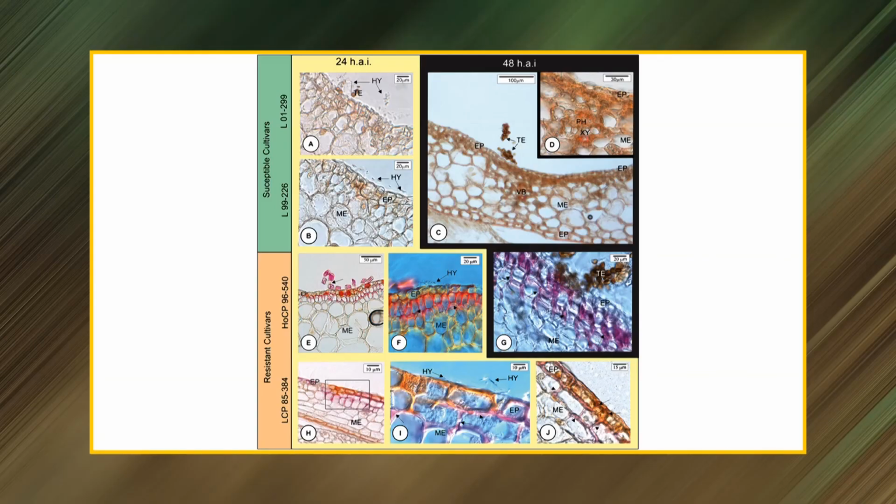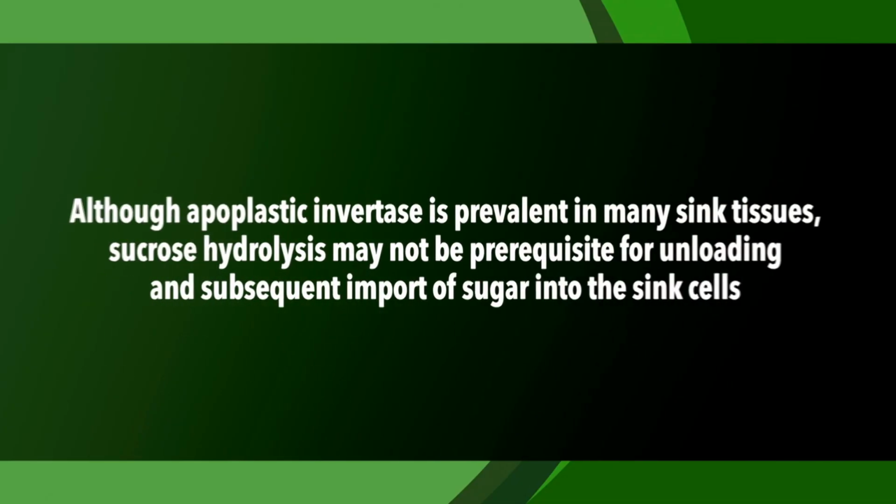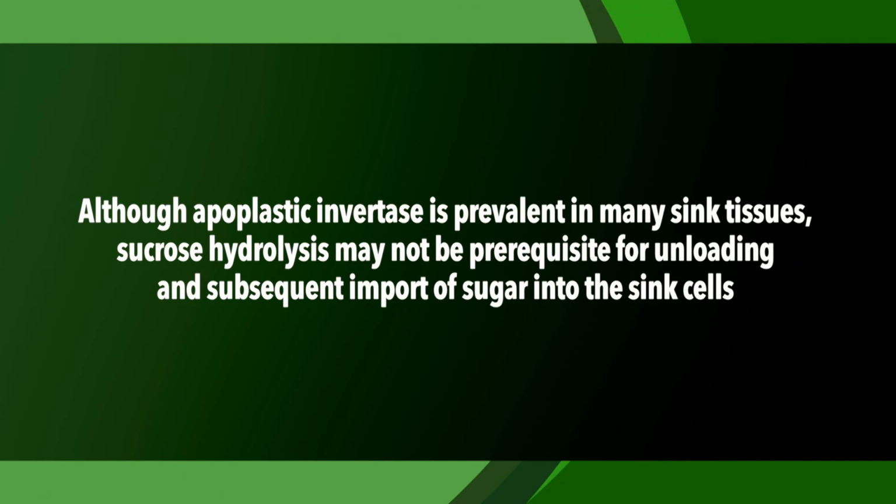Furthermore, recent studies utilizing asymmetrically labeled sucrose and the sucrose analog fluorosucrose, a substrate poorly hydrolyzed by invertase, have provided evidence that sucrose may be taken up by both sugarcane cells and maize endosperm cells respectively without prior hydrolysis. Thus, although apoplastic invertase is prevalent in many sink tissues, sucrose hydrolysis may not be a prerequisite for the unloading and subsequent input of sugar into the sink cells.